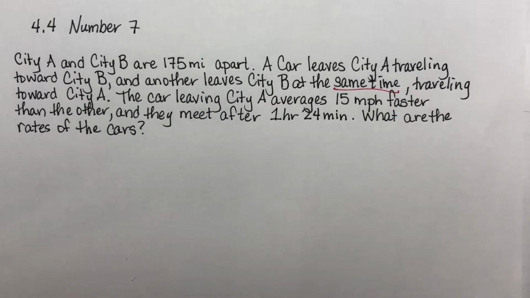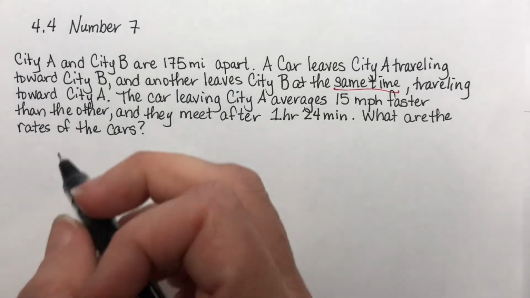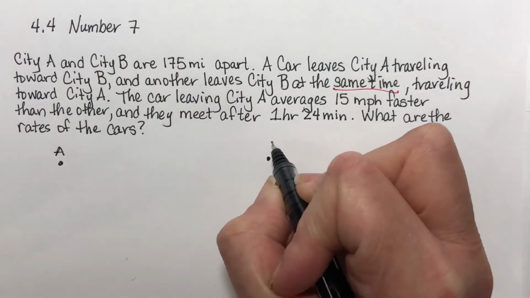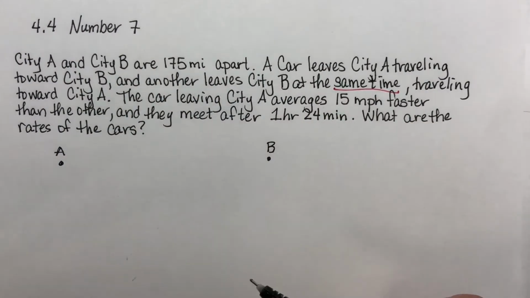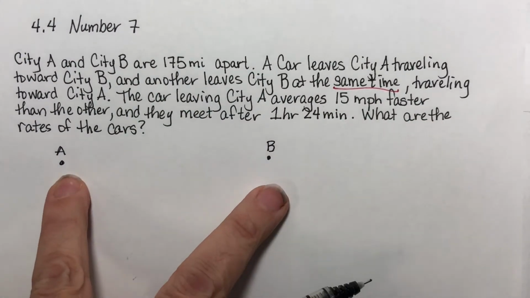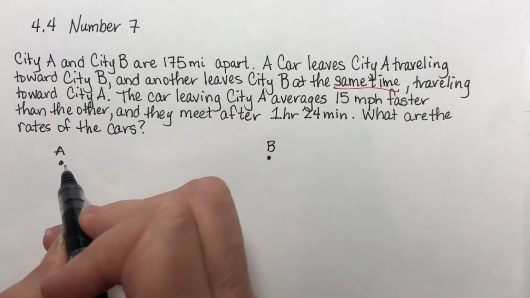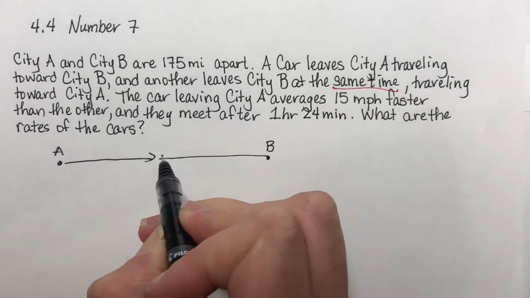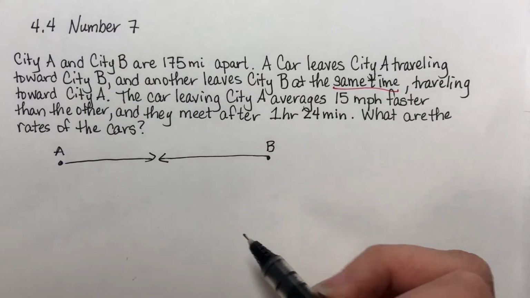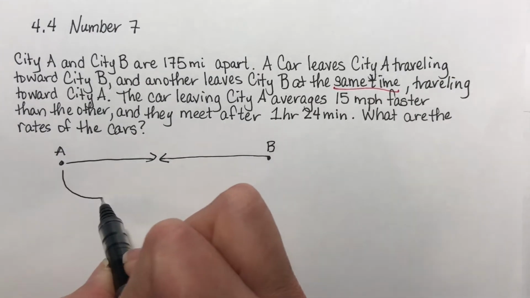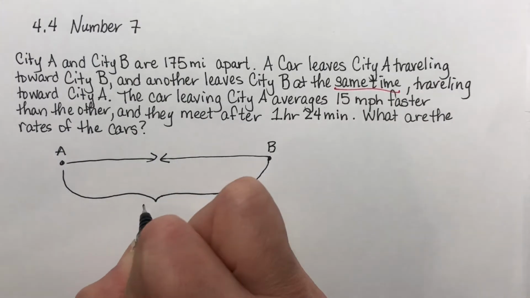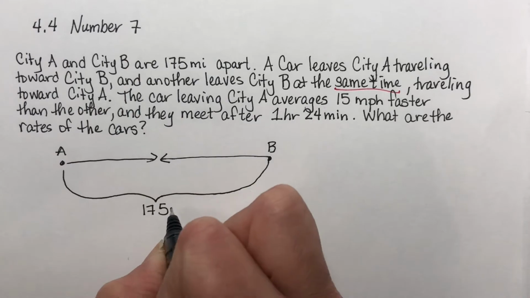Okay, so what I notice on my first read through is I have City A and I have City B, and I have two cars that leave at the same time and travel toward each other. So this car is going here, this car is going here. I know that the total distance between these two cities is 175 miles.